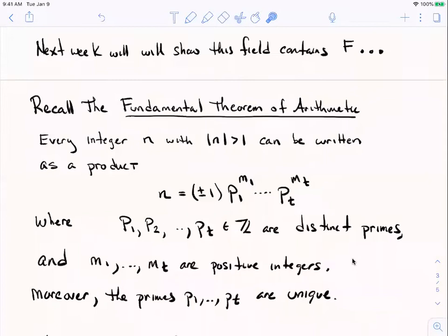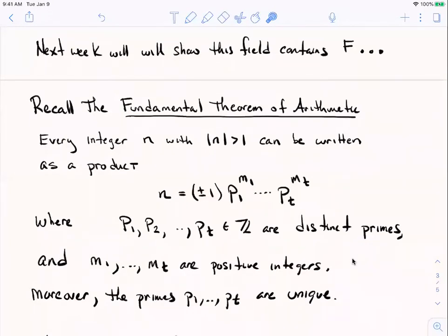And moreover, the primes that are present, these distinct primes, are unique. They're completely determined by n. So you learned this fact in grade school, that you can always write an integer as a product of prime integers. And if you use exponential notation, then you can write that product as powers of distinct primes, and the primes are unique.